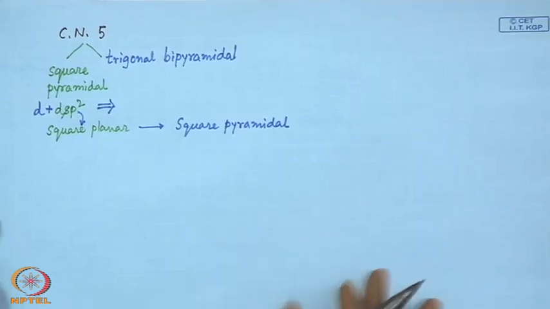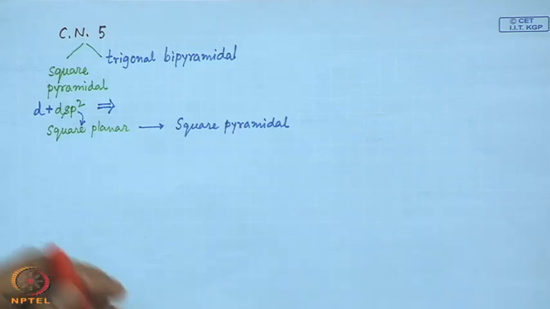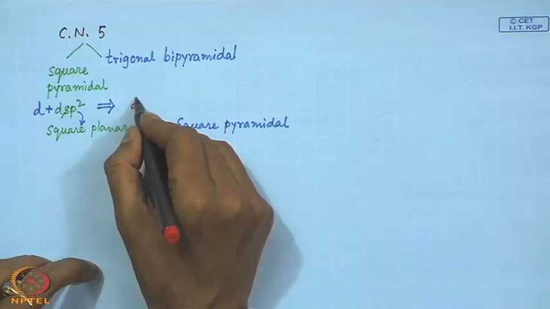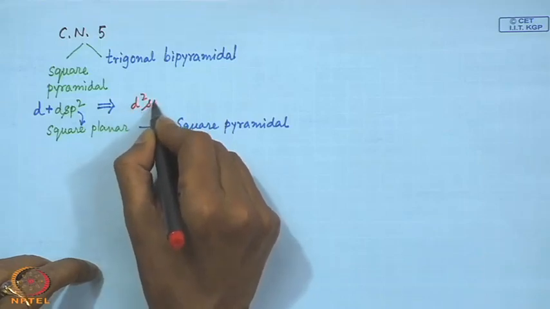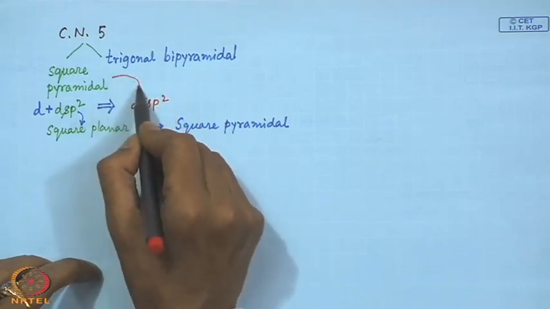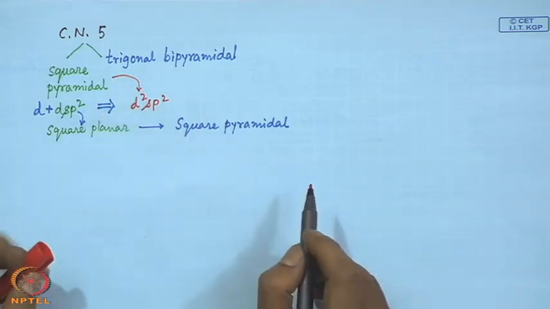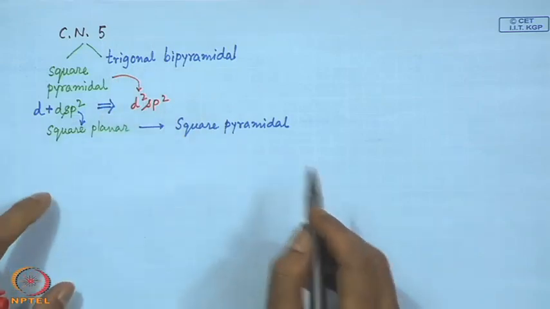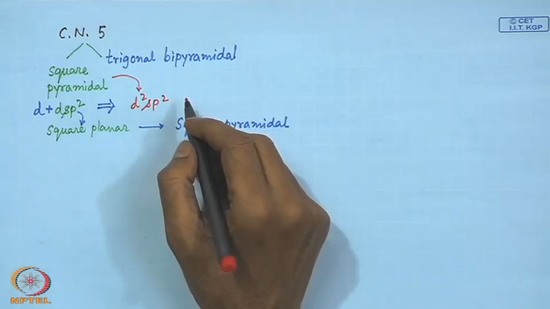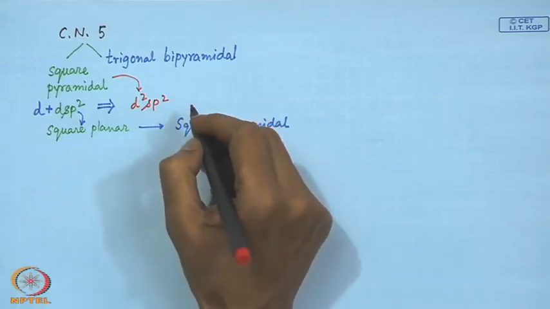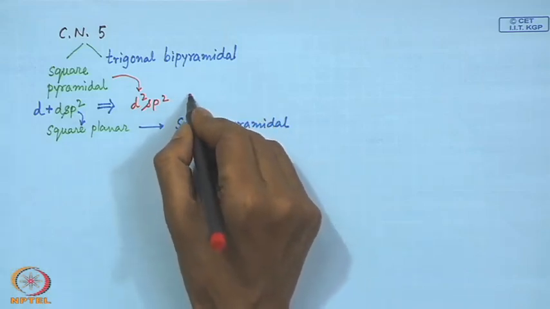So, for square planar it is dsp2, and when we add one more d orbital for square pyramidal, we will have d2sp2 hybridization. In case of d2sp2 hybridization, we will be utilizing one more d apart from the dx square minus y square.